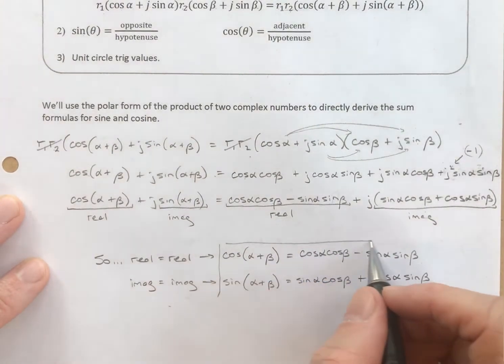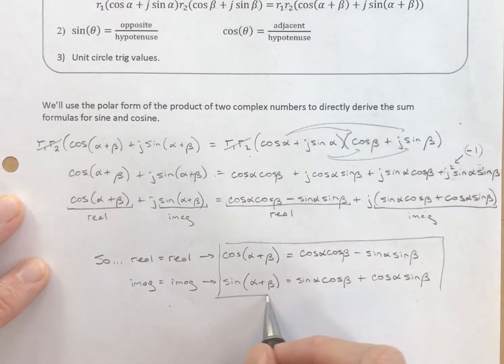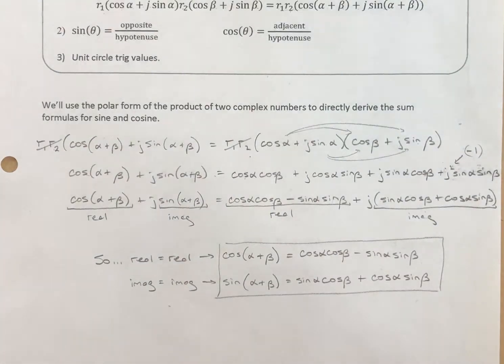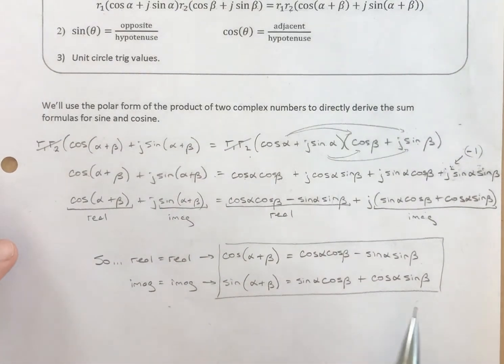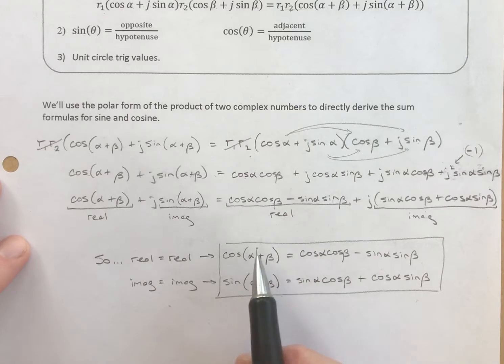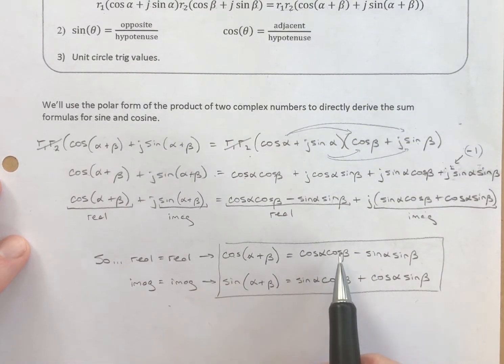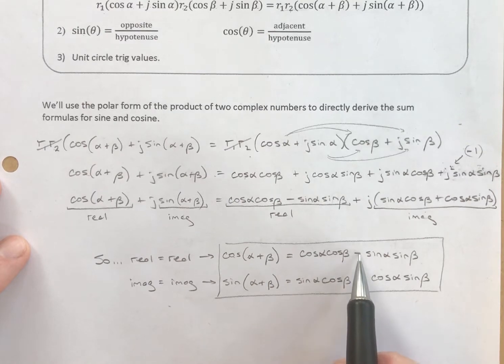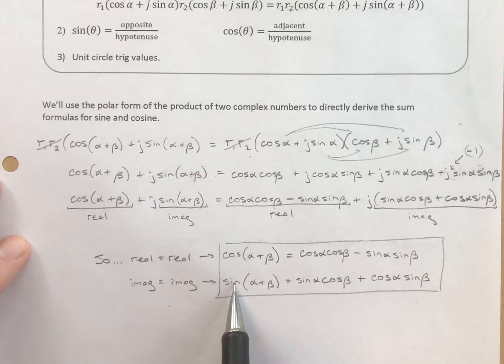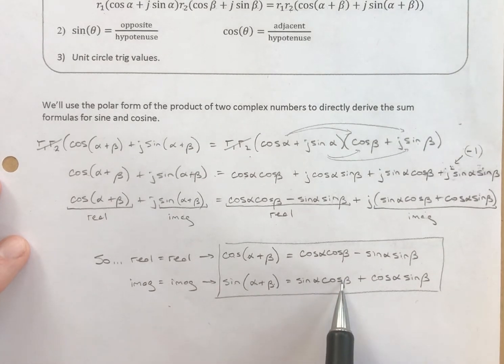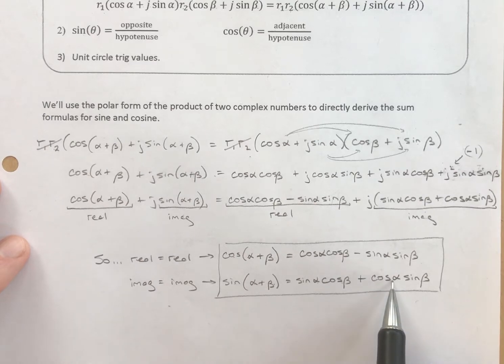We just derived the sum formulas for cosine and sine. Cosine of alpha plus beta is cosine alpha times cosine beta minus the sine of alpha times the sine of beta. The sine of alpha plus beta is equal to the sine of alpha times the cosine of beta plus the cosine of alpha times the sine of beta.